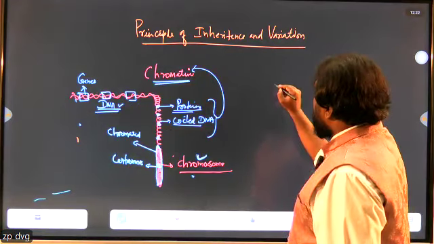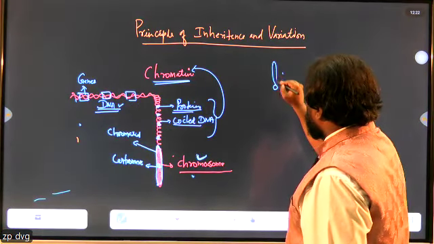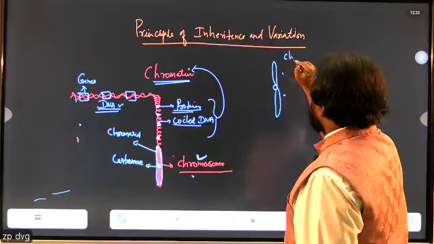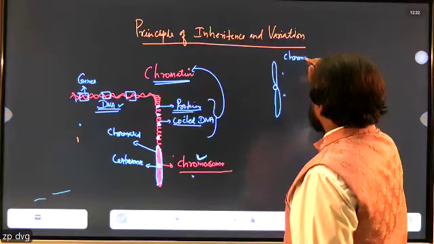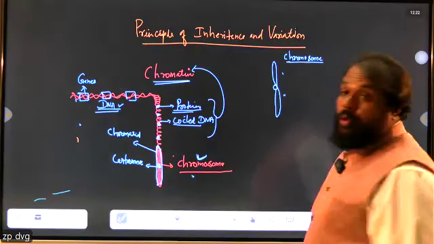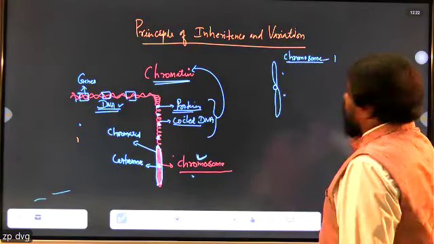Now, imagine this is a chromosome. How many chromosomes? One chromosome.